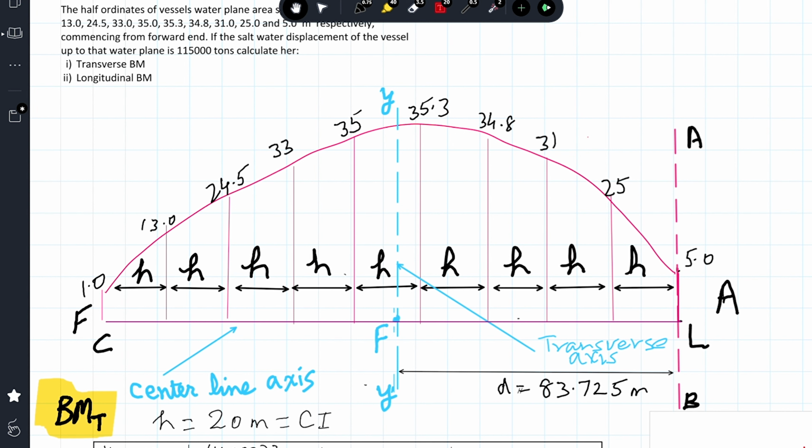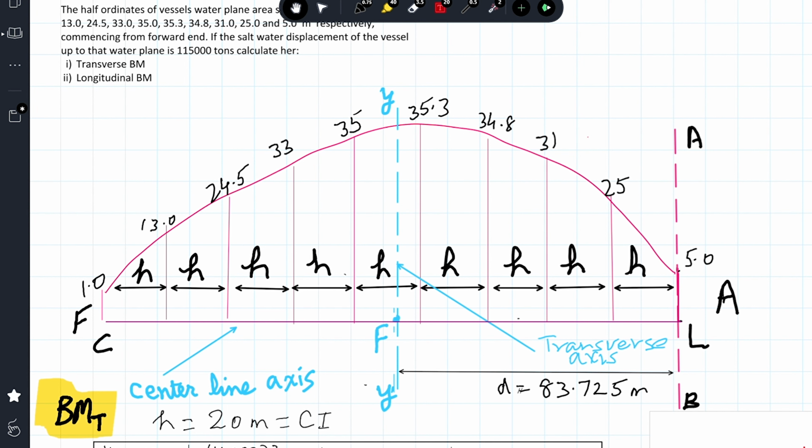The axis is the center line of the vessel along the length of the ship, longitudinal axis, passing through the center of rotation. So for transverse movement, the axis is longitudinal. And similarly, when pitching is taking place, it is taking place about the transverse axis.